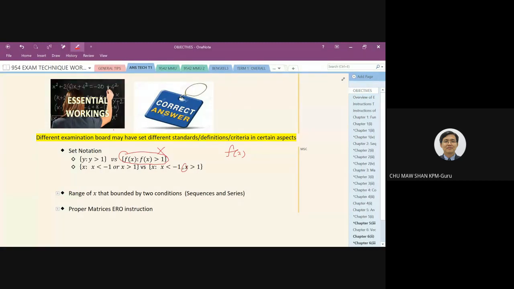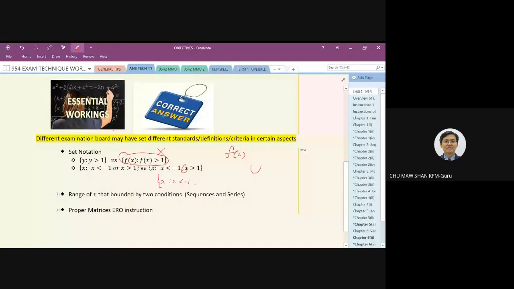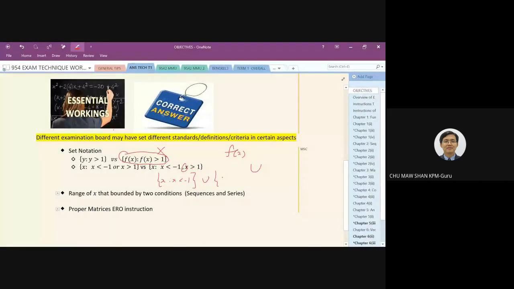You must state it clearly and explicitly, or use the union notation. You can split into 2 sets: x less than -1, union x greater than 1. Or you can use the word or. So definitely the comma is not allowed. We are very strict here.